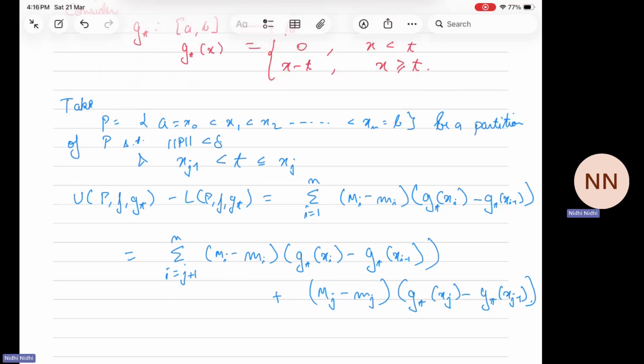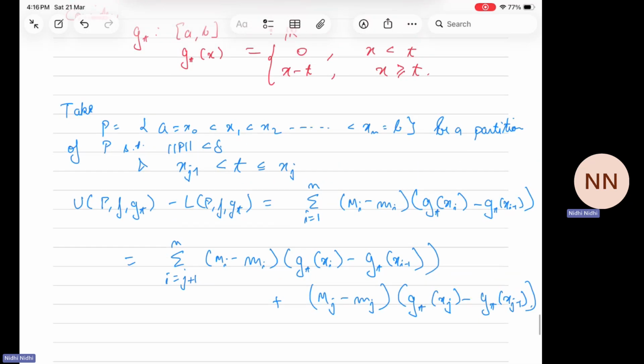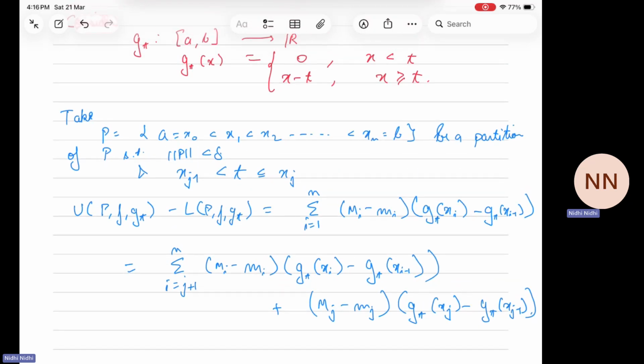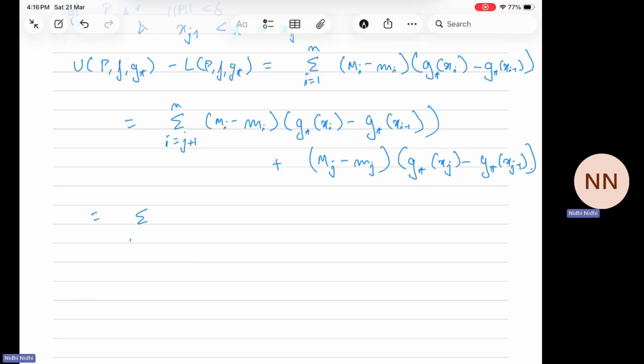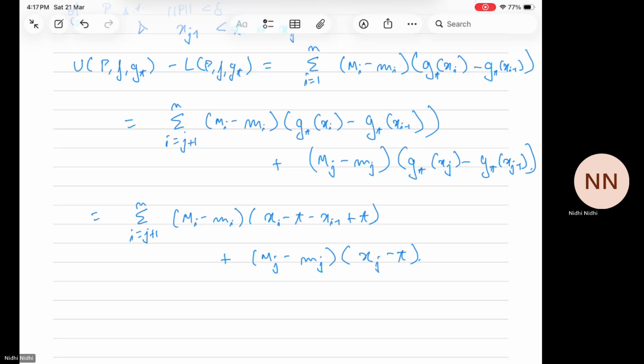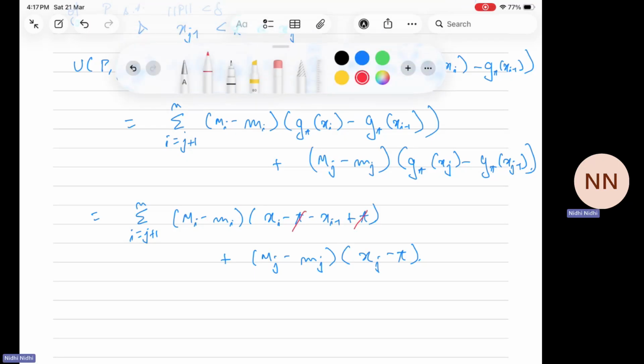So in that case, g_t(x_{j-1}) is 0 and g_t(x_j) will always be x_j minus t. So this is equal to the summation i from j plus 1 to n of (M_i minus m_i)((x_i minus t) minus (x_{i-1} minus t)) plus (M_j minus m_j)(x_j minus t). So this t will get cancelled out.